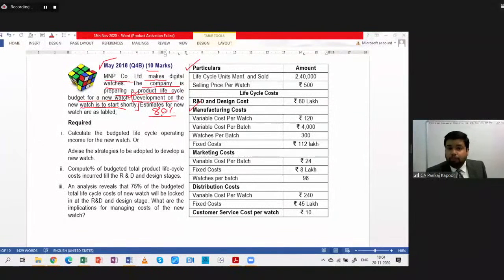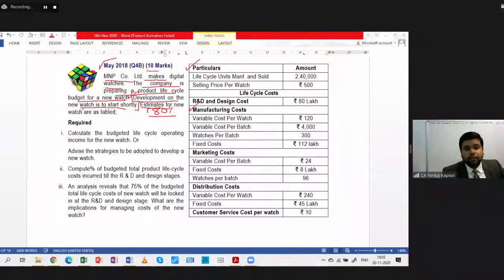When we complete the design of the product, how the product will look, and the design of the processes, how the product will be manufactured, it tells us that this is going to be our cost, or the 80% of cost is locked in. So this is very important information for us, that the development still needs to take place. It means we can control the cost which we are going to incur over the life cycle of the product.